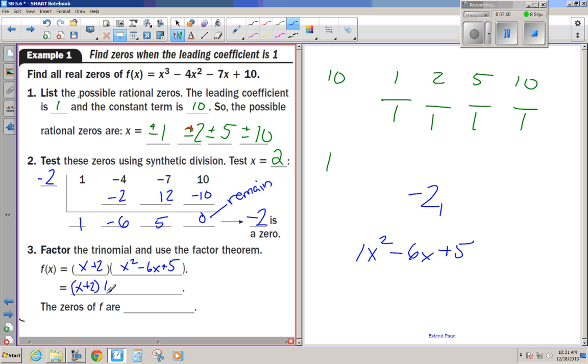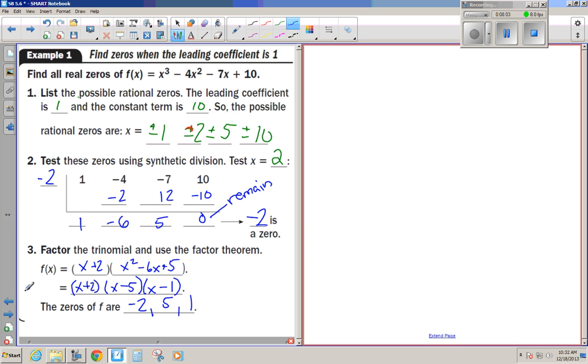Factors of 5 that add up to negative 6. Which means then my zeros are negative 2, 5, and 1. Now, this is something you're going to have to do later on, but I'm going to go ahead and show you what the sketch of this graph would look like.